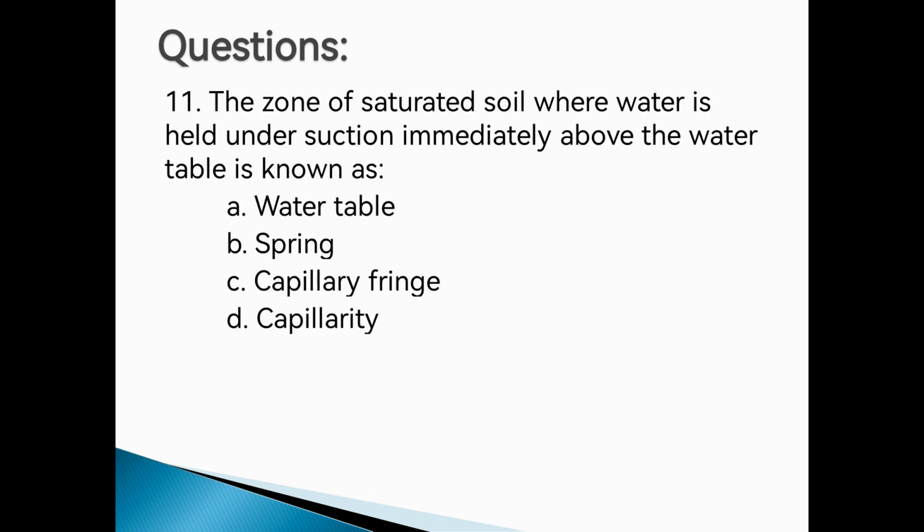Question number 11. The zone of saturated soil where water is held under suction immediately above the water table is known as A. Water table. B. Spring. C. Capillary fringe. D. Capillarity. The correct answer is C.